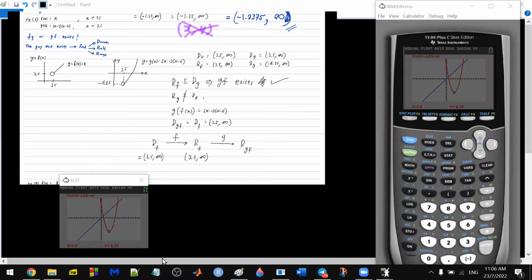Okay, let's take a look. What do you have? DF is 3.5 comma infinity round bracket both. RF is 3.5 comma infinity round bracket both. Then range of GF, you just sub in the same domain inside, then you get back the same range. Okay, good. Negative 6.25 comma infinity round bracket. Perfect. So now since you already know how to do this question, right?